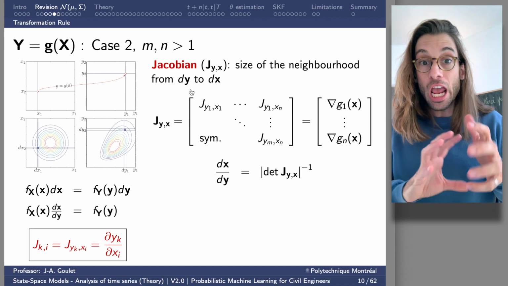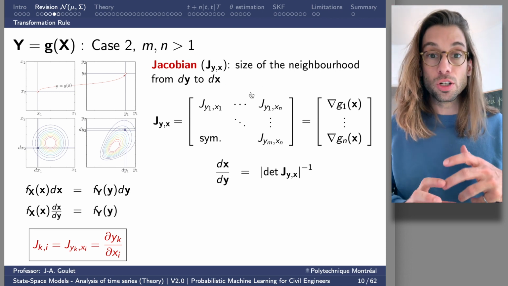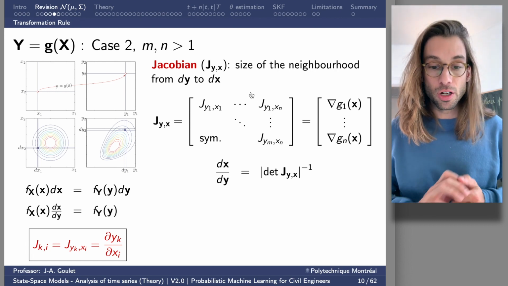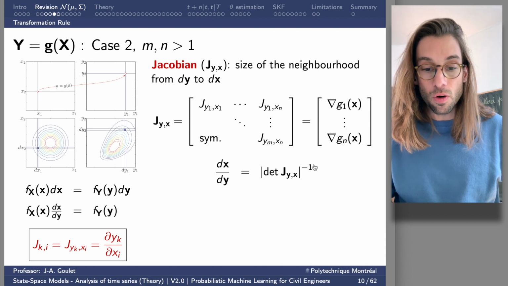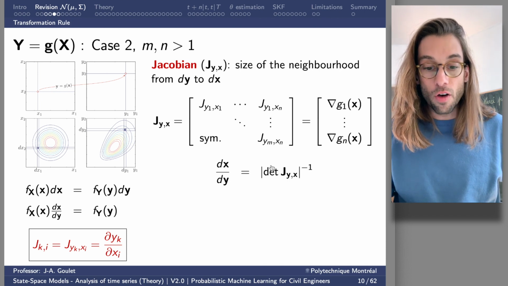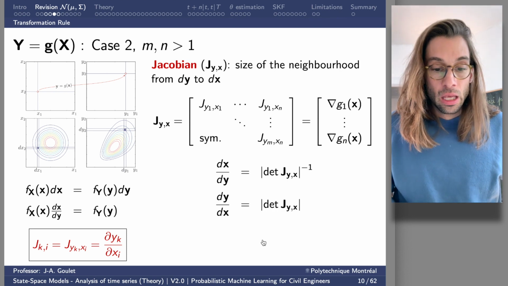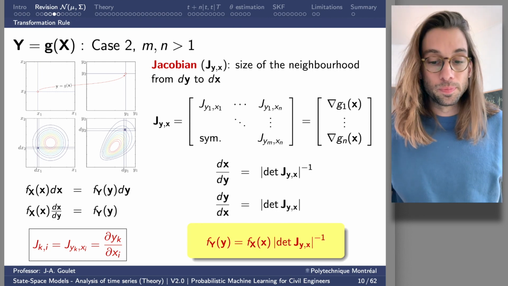Okay, how much change in my neighborhood size does this partial derivative matrix create in my function. So my change in neighborhood here is measured by the inverse of the absolute value of the determinant of that Jacobian matrix. And dy dx is going to be simply the inverse of this, so the determinant of the Jacobian.